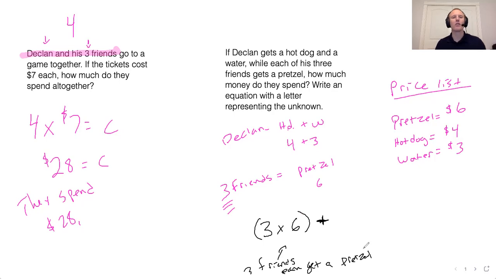Excuse the terrible handwriting there, but I wanted to scribble a quick note so you know what that part represented. Plus $7 for Declan because he spent a total of $7 equals F for food. Then you'd solve and say 3 times 6 is 18 plus 7 equals F. F equals $25.